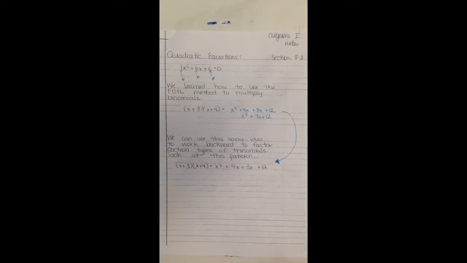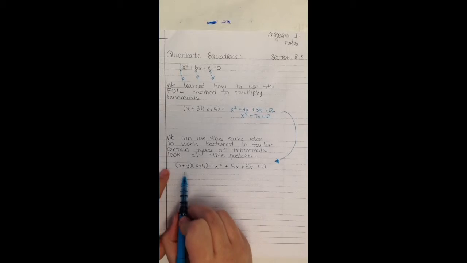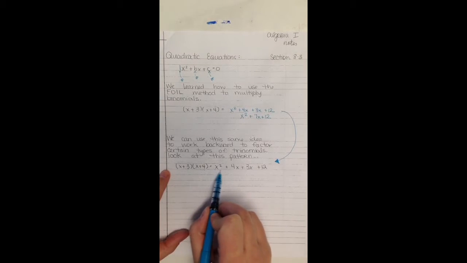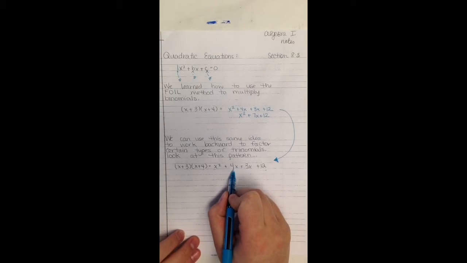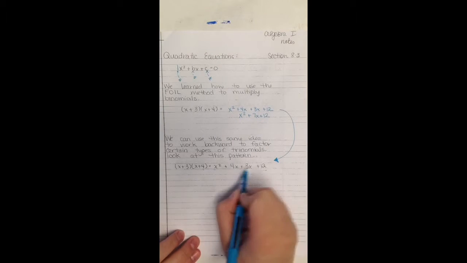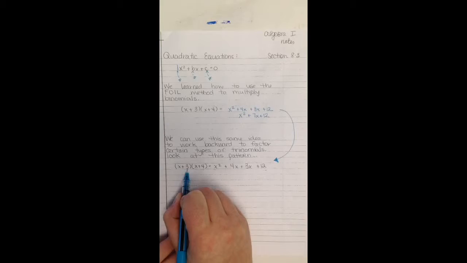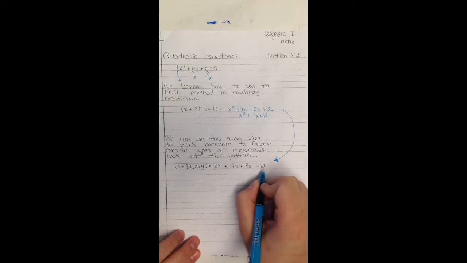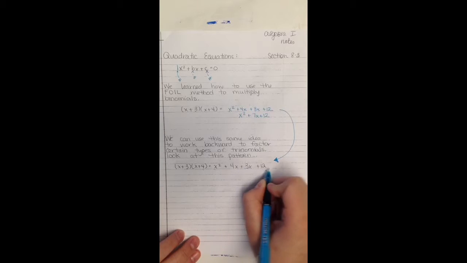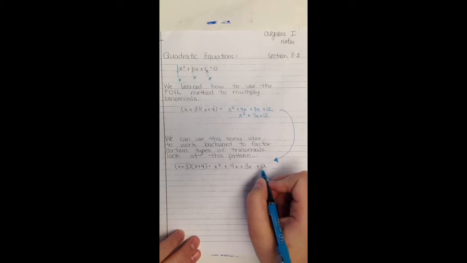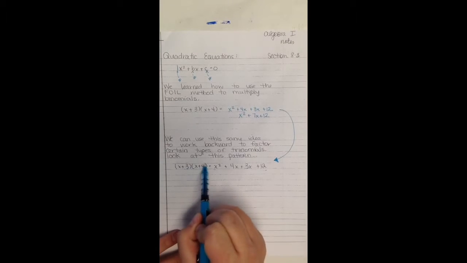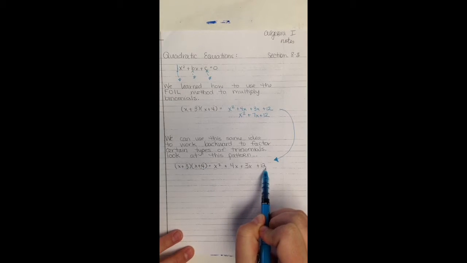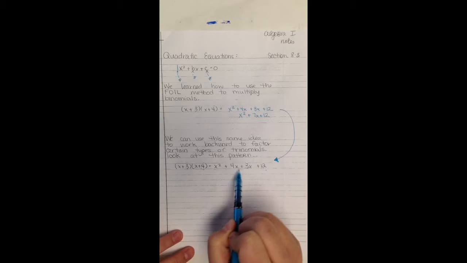But they're saying, let's see if we can find a pattern between this and this. The things that you should notice are we have a 4 and a 4, a 3 and a 3, and both 4 and 3 are factors of 12, which means 4 times 3 gives me 12. So the pattern is I take the last two numbers, multiply them, and I get c, and then they add up to make my middle number.